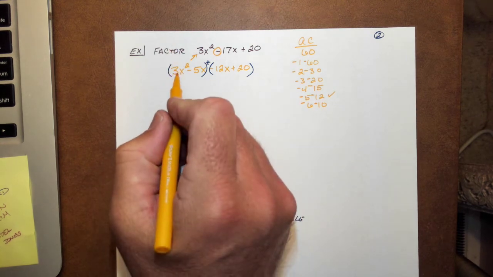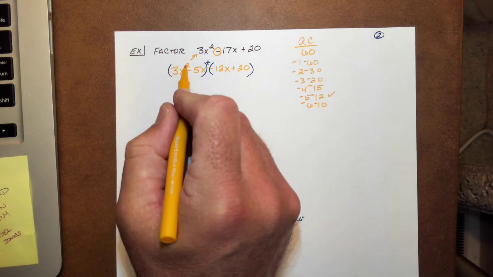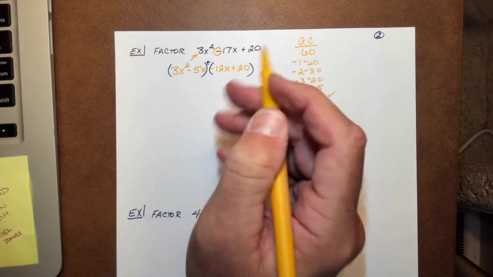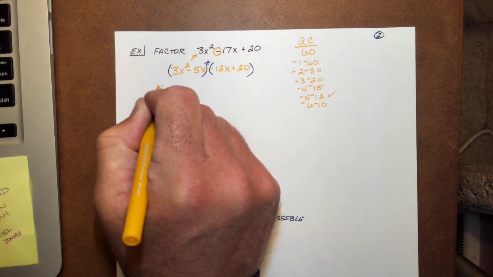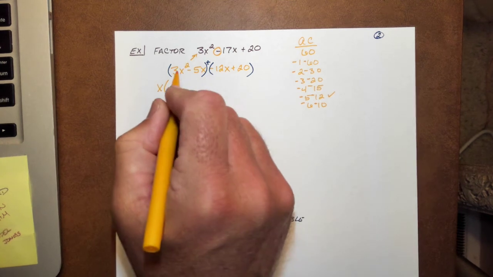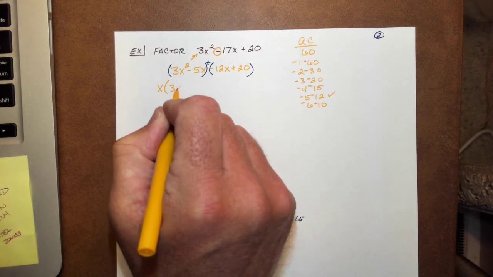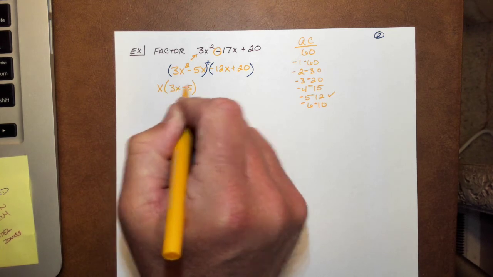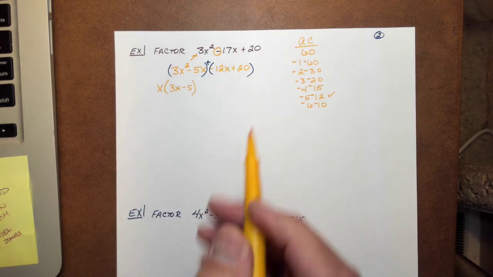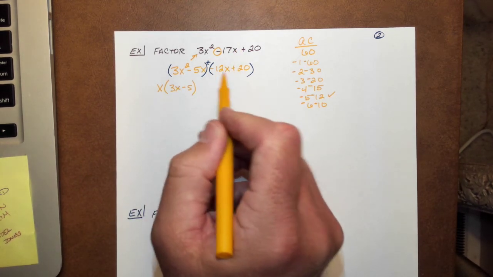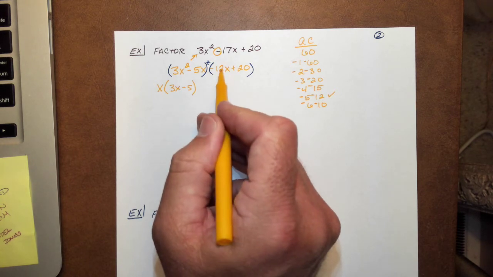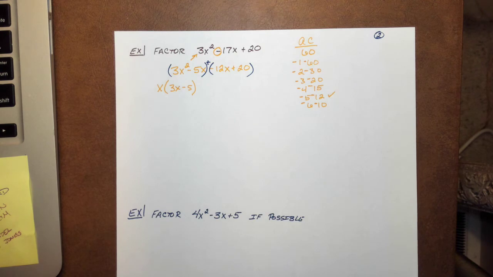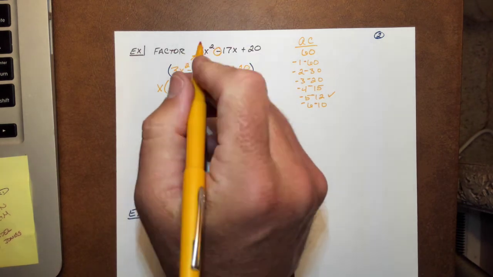So I look. What's a common factor between 3x squared and 5x? If you said x, you are correct. Factor it out, leaving us with 3x minus 5. That's my key as to what I've got to factor out here. I need to have a 3x minus 5 out of this. So in other words, this has to be positive, that has to be negative. Their signs have to change. So what does that mean?